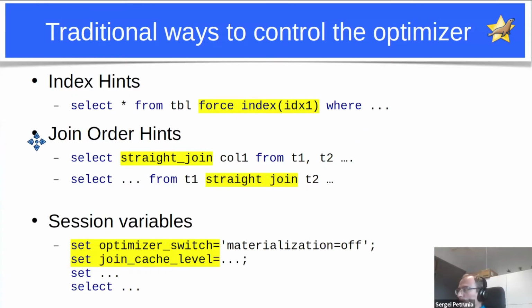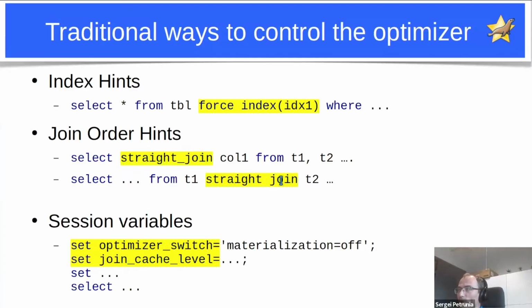Then there are join order hints, where you can specify either STRAIGHT_JOIN to just tell the optimizer to join tables in the order you have them in your query, or you could use STRAIGHT_JOIN syntax to join individual tables one after another. Join order and index hints were the only things you could have directed.